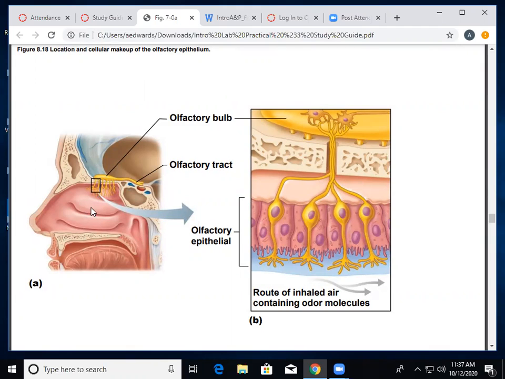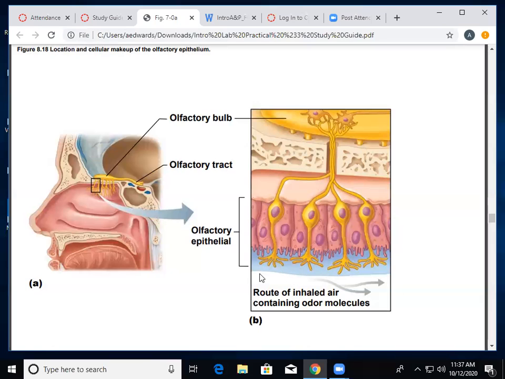So here's your nasal cavity or nasal passages, and you've got these nerves and olfactory receptors that extend down from the olfactory bulb. These are basically specialized neurons, right? We learned about neurons last week.